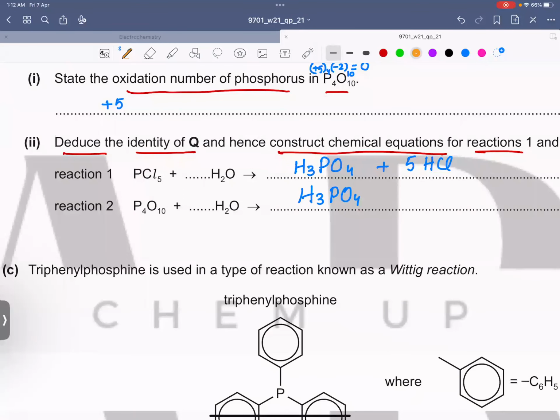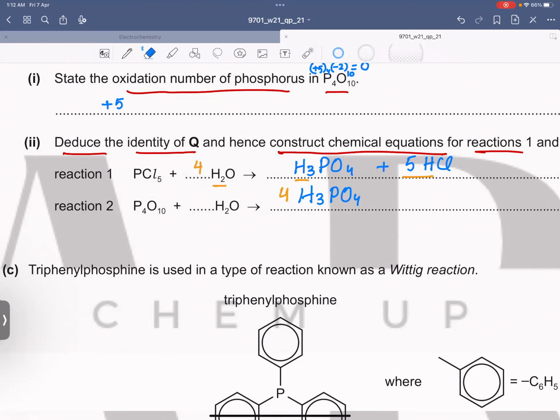Here, the total hydrogen atoms on the product side are 8, and here I have 2 hydrogen atoms, so I put a 4 over here. So see, hydrogen gets 8 and is balanced on both sides. Oxygen becomes 4 and is balanced on both sides. There are 5 chlorine on both sides, and there is 1 phosphorus on both sides. Now in the next equation, I must put 4 over here because there are 4 phosphorus, right?